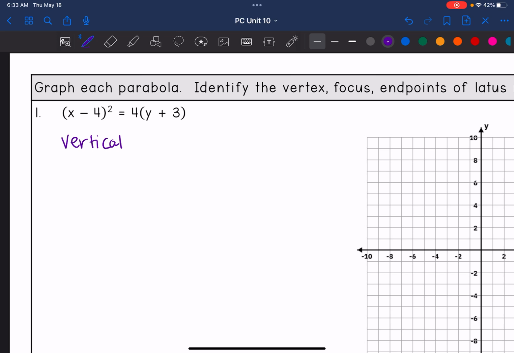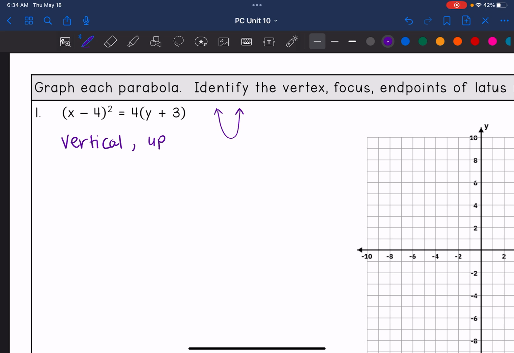So if it's vertical, either it's going to open up or it's going to open down. Like it has to be one or the other, so you have to pick. The way you decide is by looking at this number right here. So whatever is not in the parentheses, that is a positive 4. So when it's positive, it opens up. We're going to draw it eventually on our graph here, but no matter what, it should end up something like that, like a smile.